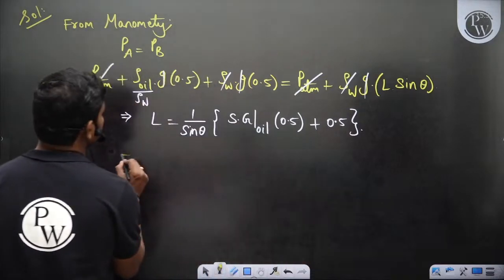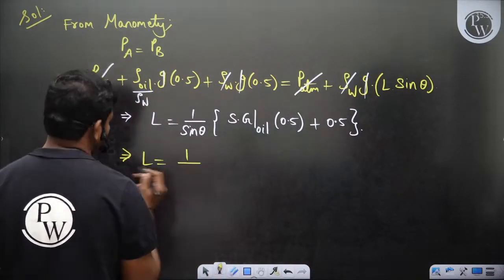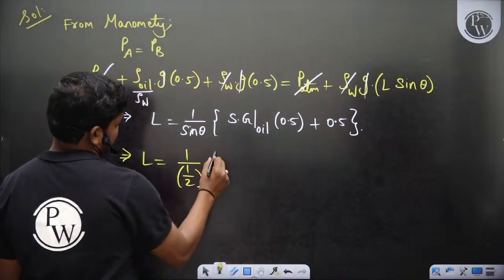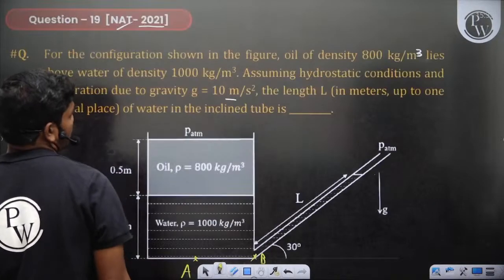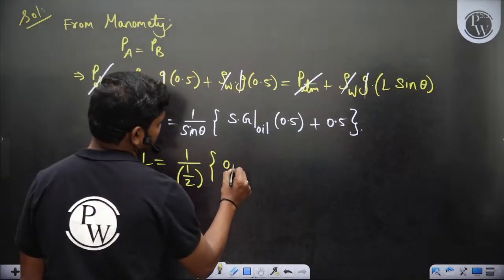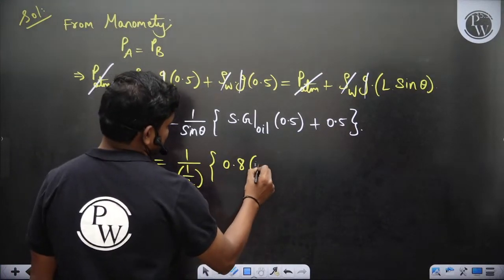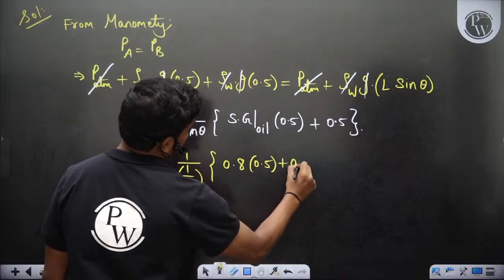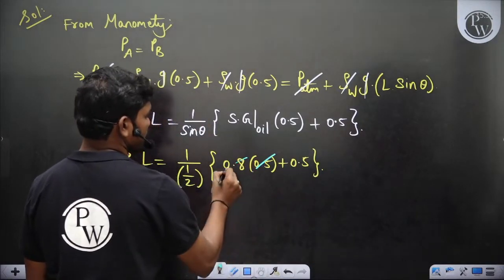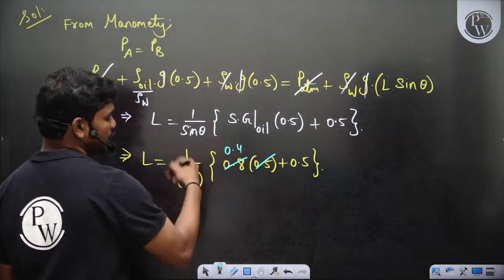Put the values, and 1 by sine theta, theta is 30, so sine 30. Specific gravity of the oil 0.8 anyway. So this gives you 0.9 into 2, 1.8.